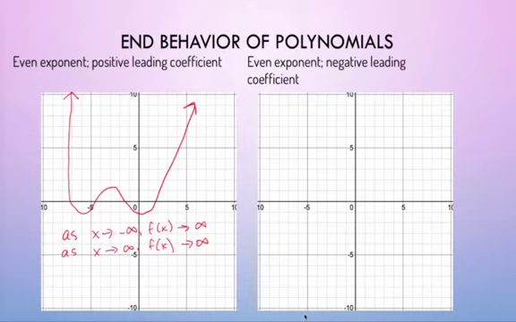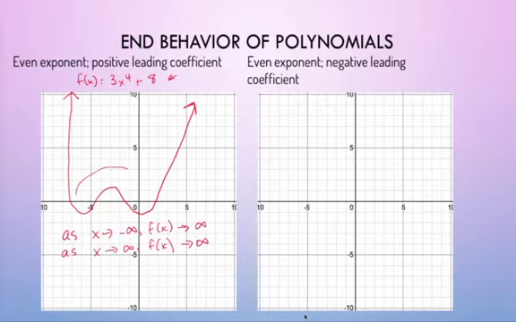So this would be, for example, something like f of x equals 3x to the fourth plus 8. This is not at all a good graph of this example function, because it doesn't matter what weird wibbly stuff the function is doing in the middle. We're only looking at the ends. So even exponent, positive leading coefficient, both of the ends are going to point up.